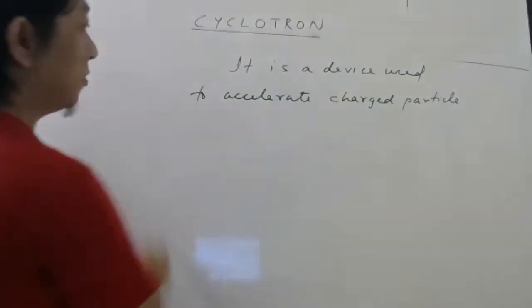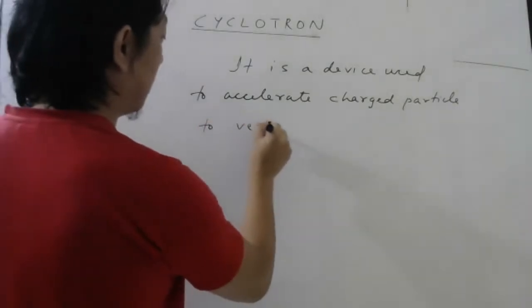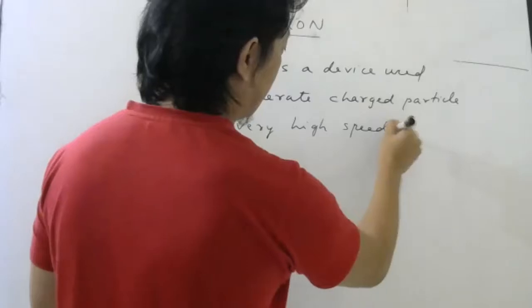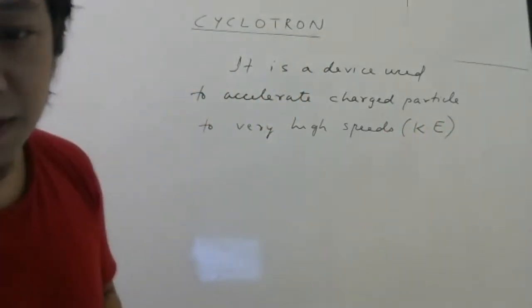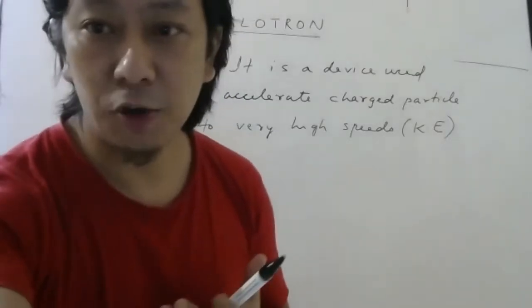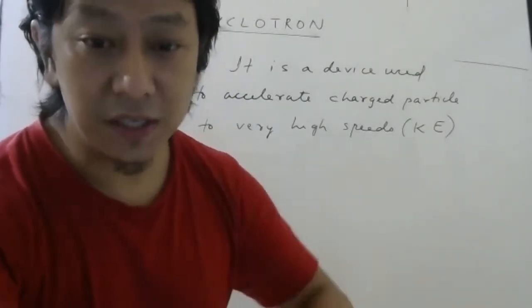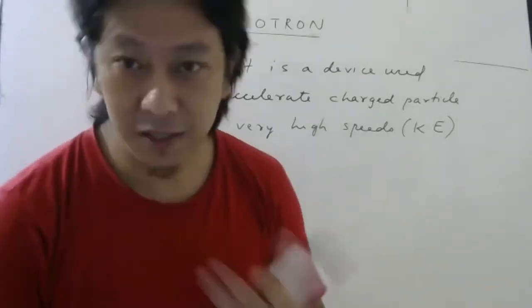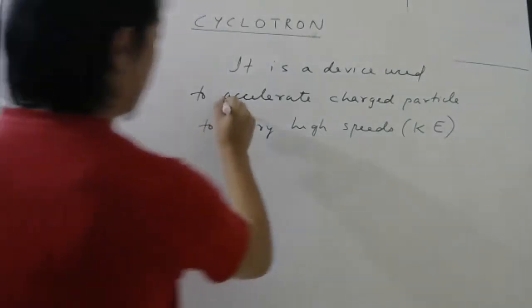It is a device used to accelerate charged particles to very high speeds, or you can say high kinetic energy. So this is what the cyclotron does. It increases the speed of particles, and if you are increasing the speed of particles, it means you are doing acceleration.